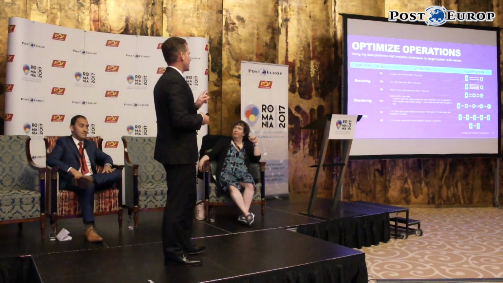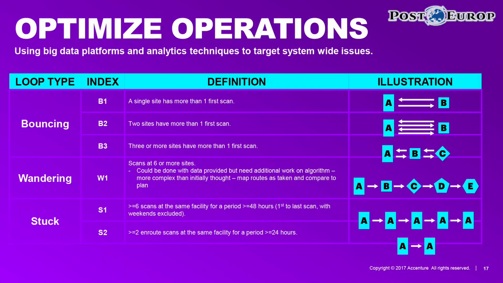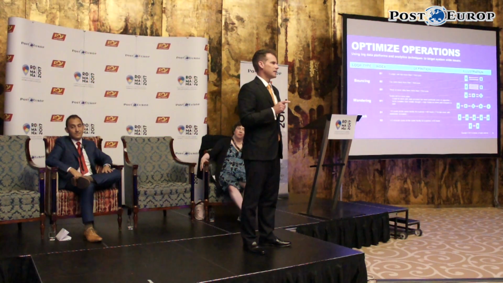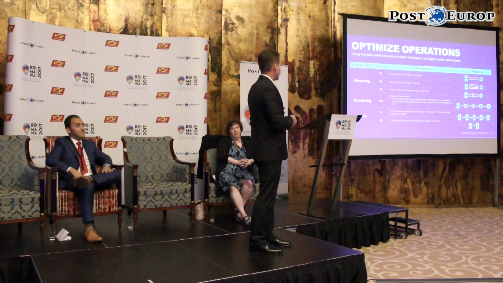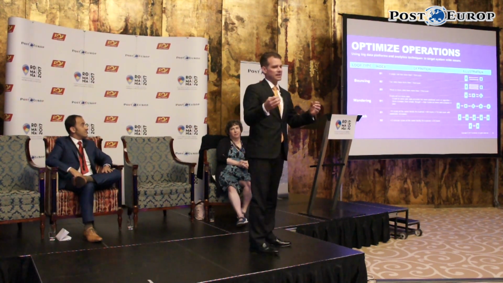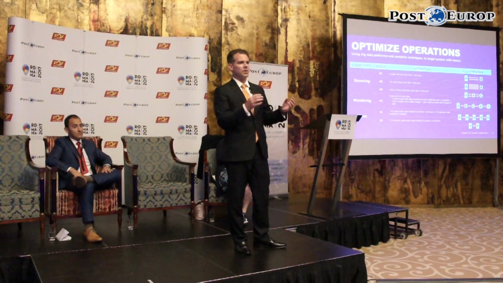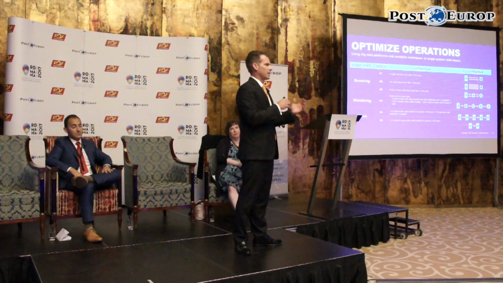The last one I want to talk about is this concept of optimizing operations. What you see here is a specific problem that we were asked to look at called looping. Looping was defined in a few different ways, but the first, this bouncing concept, is when we see parcels that are moving between facilities but never getting delivered.